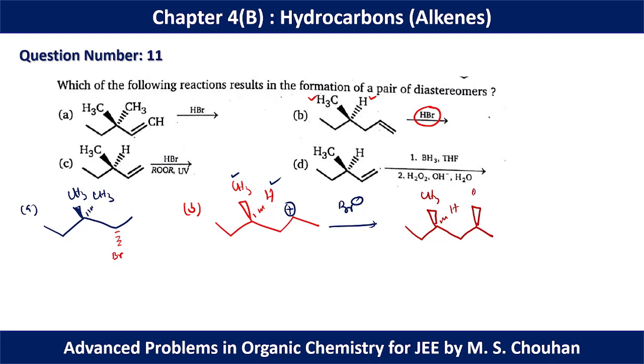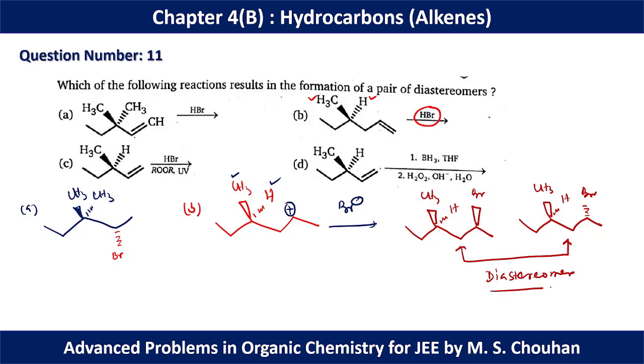In one case, we have bromine above the plane, and in another case we have CH3 over here, hydrogen over here, and bromine below the plane. So these two isomers are known as diastereomers. Hence, for question number 11, option B should be the correct option.